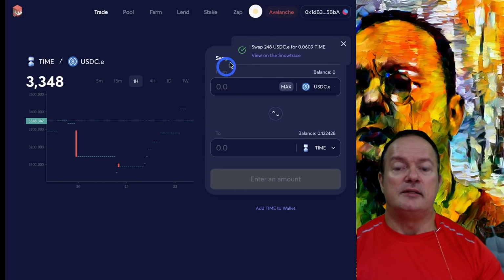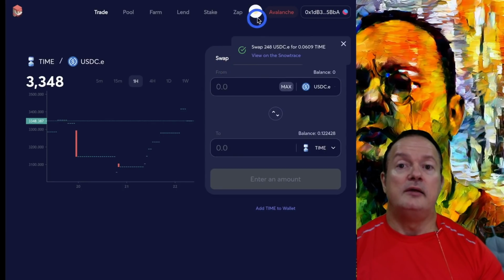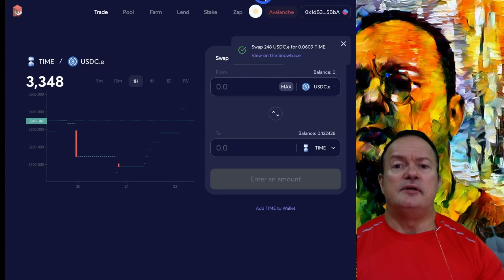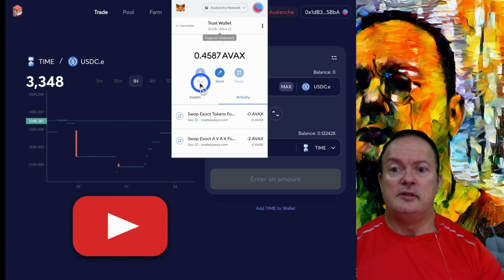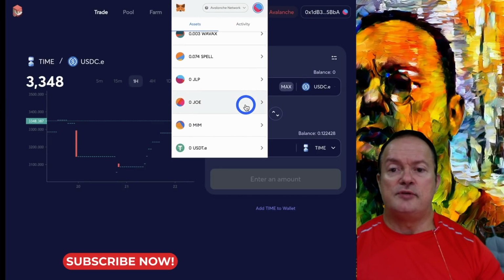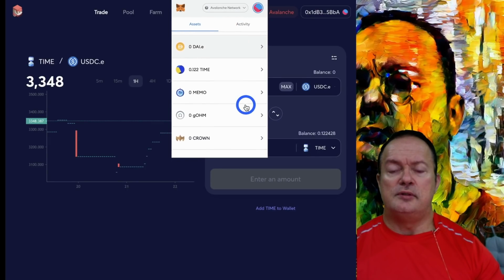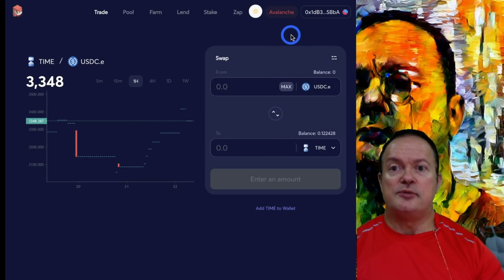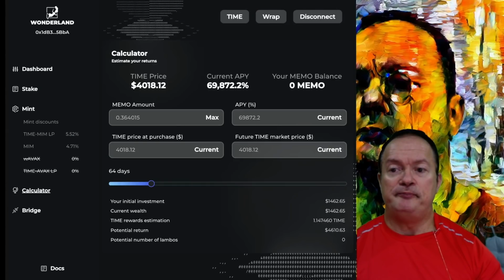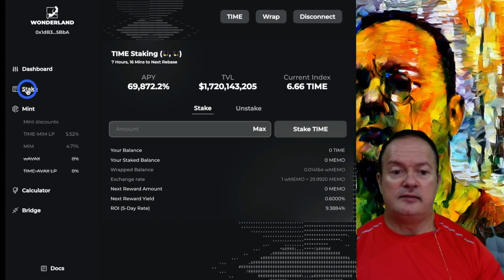Okay. All right. So it's swapping. I think we already have our tokens. So let's check that. Okay. So we should have 0.12 TIME. Yeah, 0.122 TIME. Good enough. So we're ready. We're going to Wonderland. We're going to stake. Refresh.